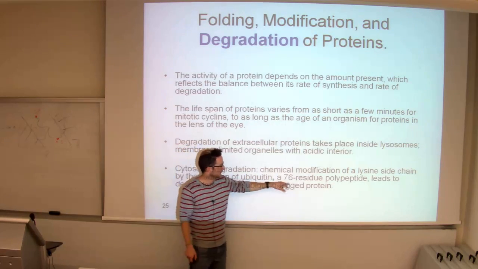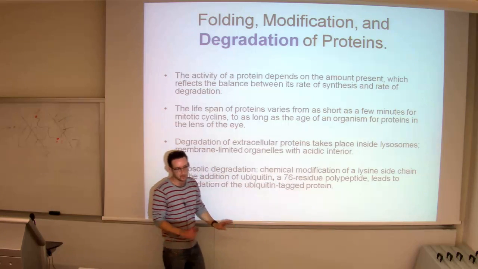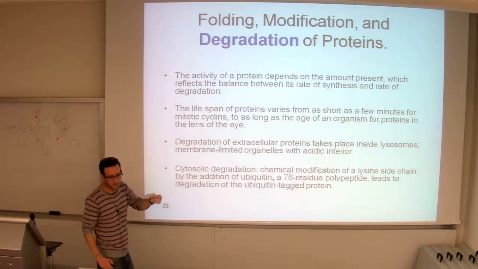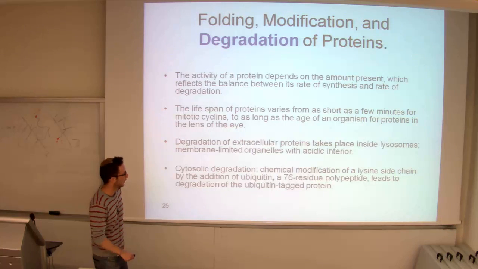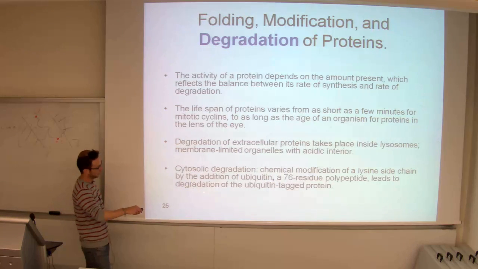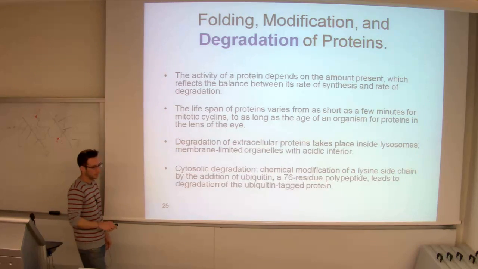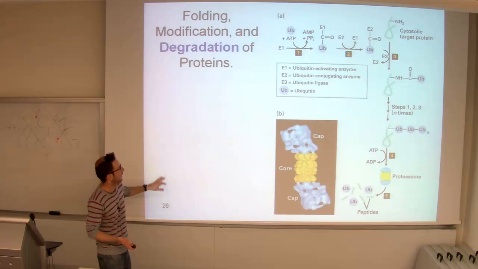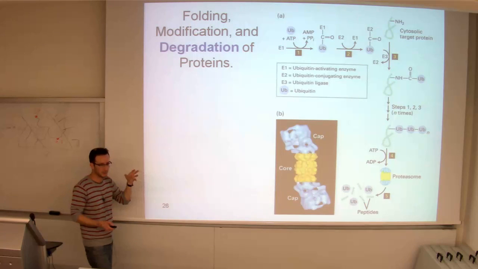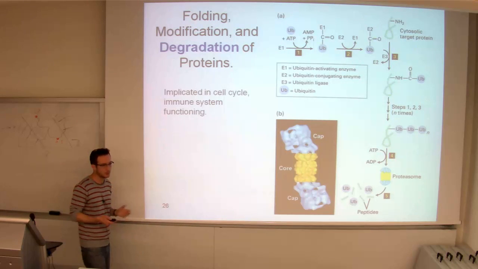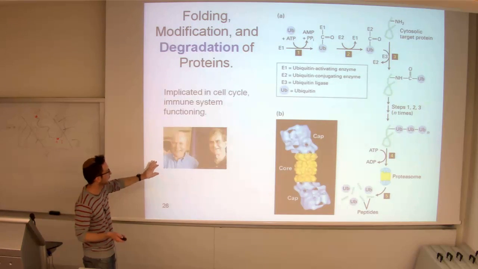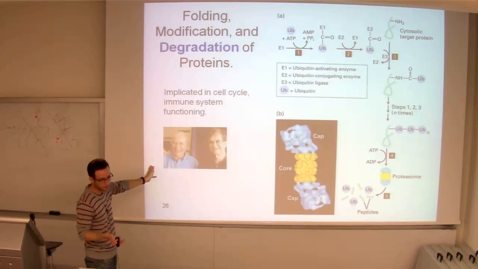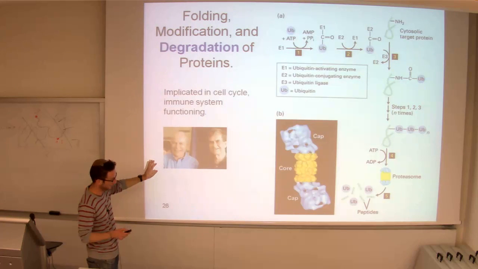Ubiquitin is a 76 residue polypeptide, a small protein by itself, but it is linked to other proteins, and it leads to degradation of the ubiquitin-tagged protein. First of all, this process and all its details were revealed by two scientists from the Technion who won the Nobel Prize for it, Ciechanover and Hershko.